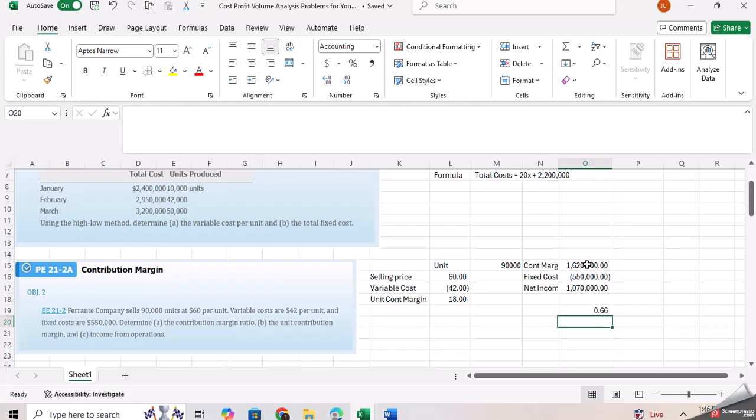I might be going the wrong direction with that. It is the difference between our total revenue and our variable cost divided by our total revenue. So I went the wrong direction. Not divided by our net income, but our contribution margin divided by our total selling price.